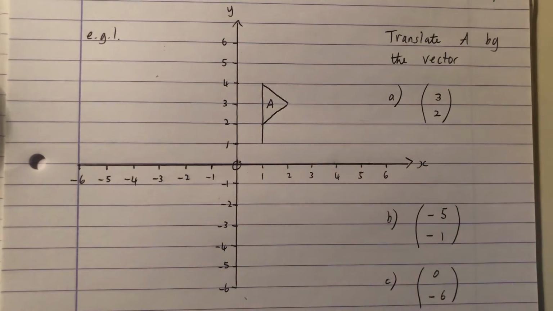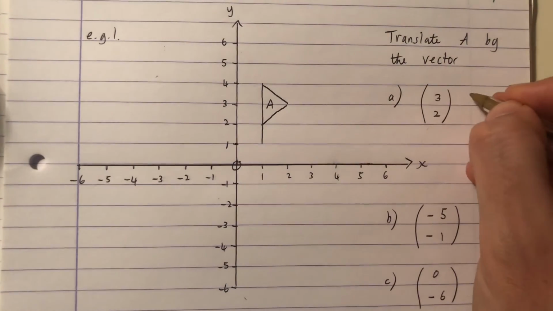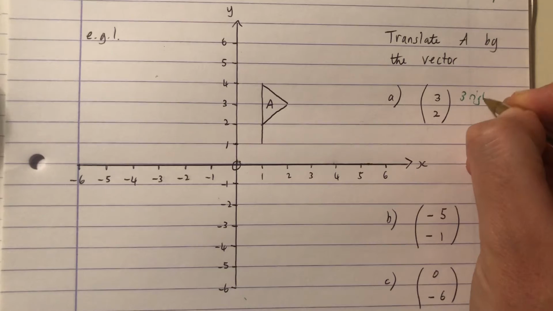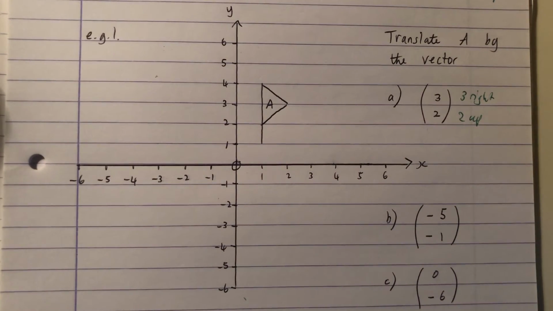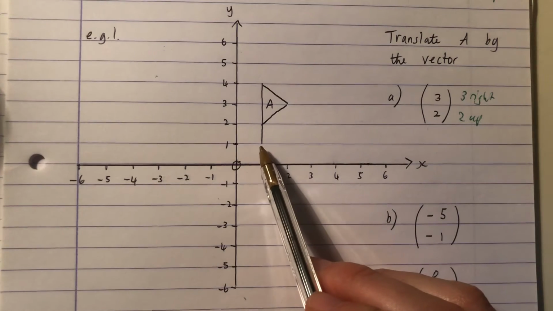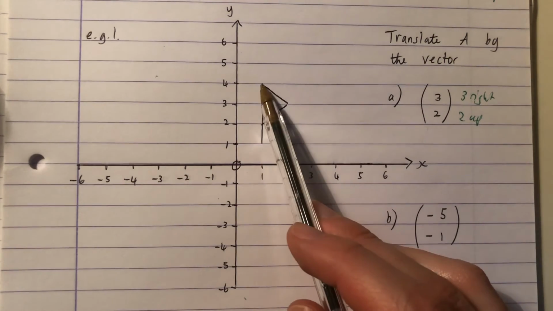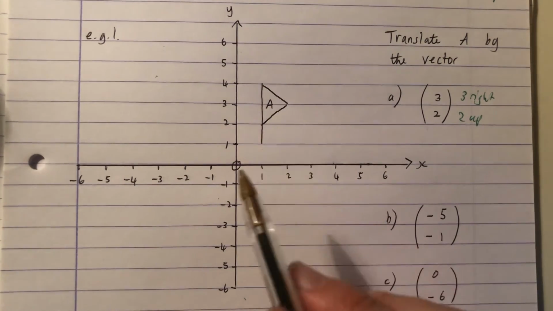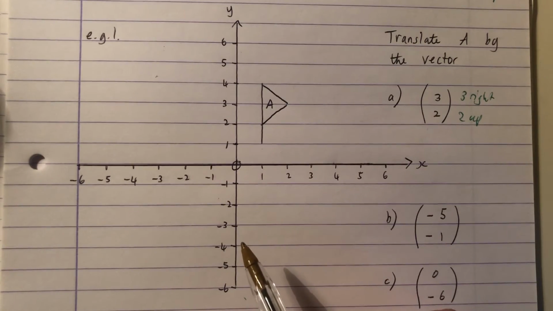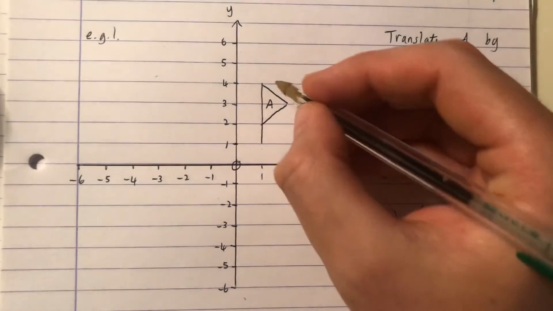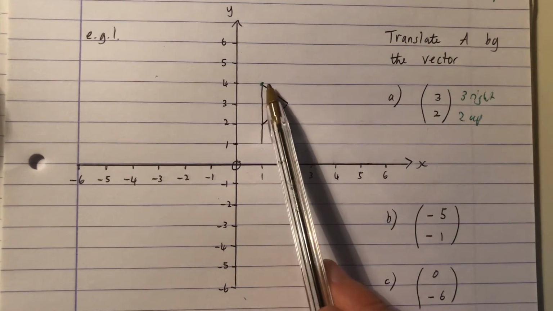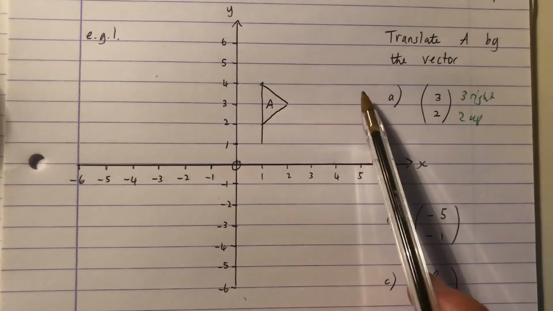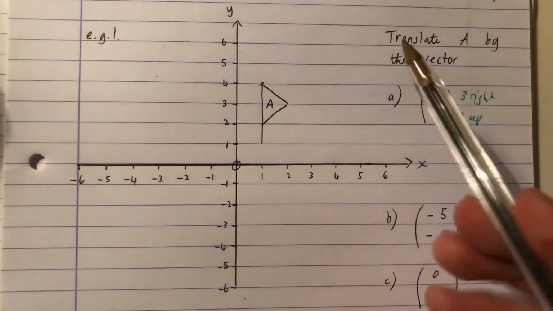So this first vector, the instructions are 3 right, 2 up. So you take that object, you pick on points individually, so the corners are always the good points to pick, and you move the corners one by one. So the top corner needs to move 3 to the right, so the coordinate was 1, so it goes 1, 2, 3 up to 4, and then 2 up.